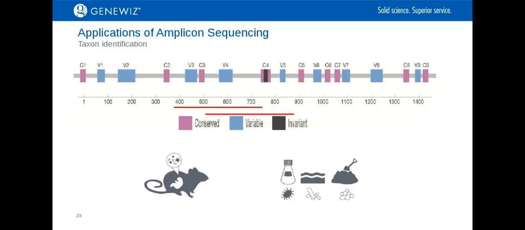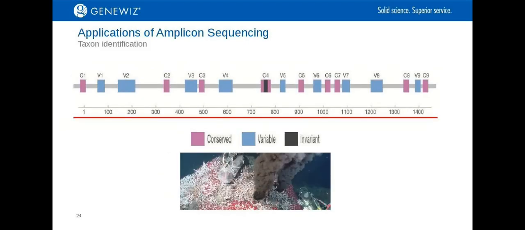To note, we did focus on V3, V4, V5, but many researchers focus on other hypervariable regions that could be leading to better results based on specific taxa that they're interested in. So there are also some interesting cases where canonically well-defined hypervariable regions would not identify certain species or even subspecies of bacteria in a mixed sample.